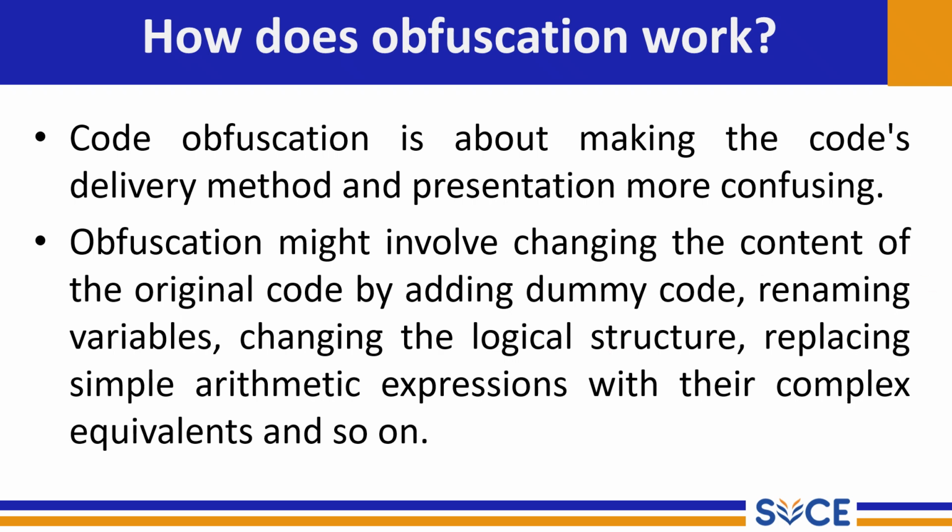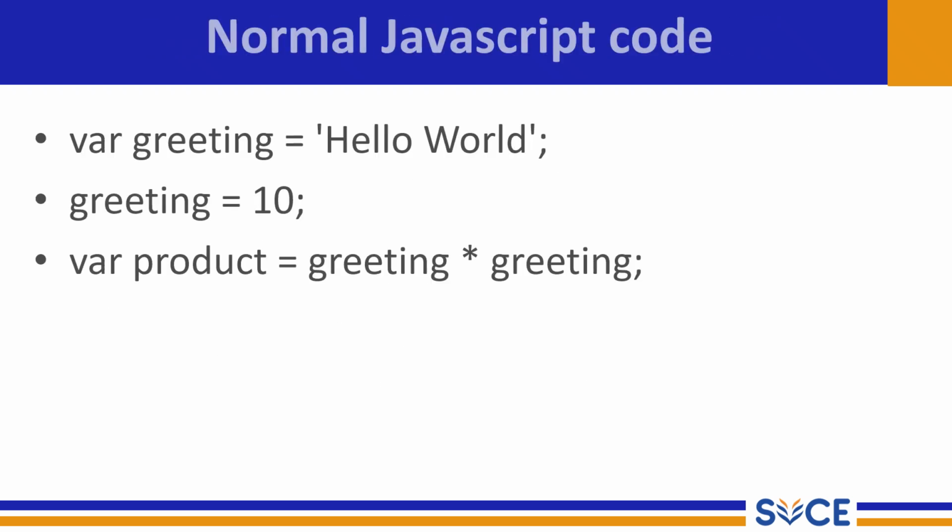So this is normal JavaScript code, where we have used greeting equal to hello world, and we are specifying another variable equal to 10, and then product is equal to greeting times greeting.